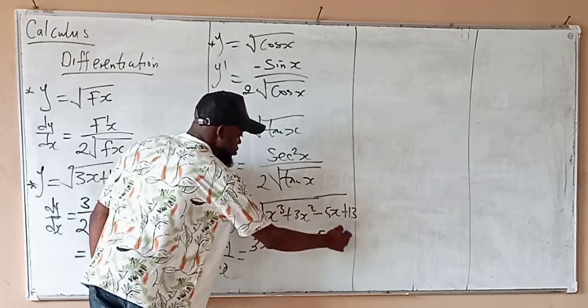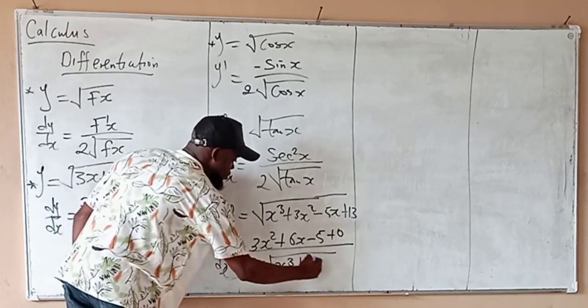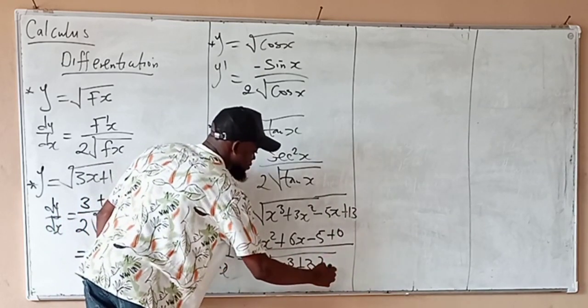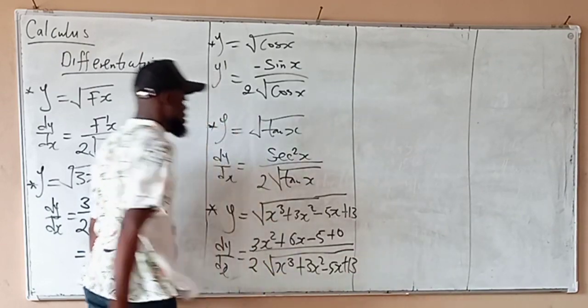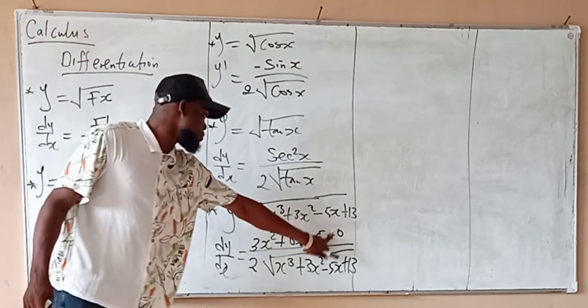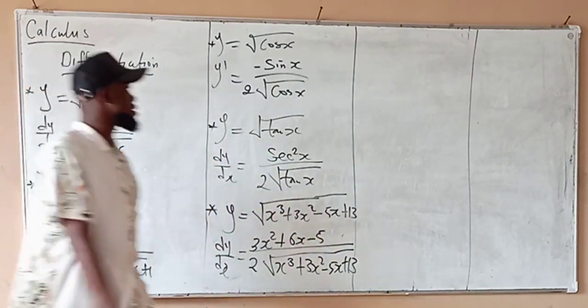Differentiate 13, because there's no x there, is 0. Over 2 times the question, which is the square root of x cubed plus 3x squared minus 5x plus 13. This is what I could have. So if you remove this 0 now, that becomes a final answer.